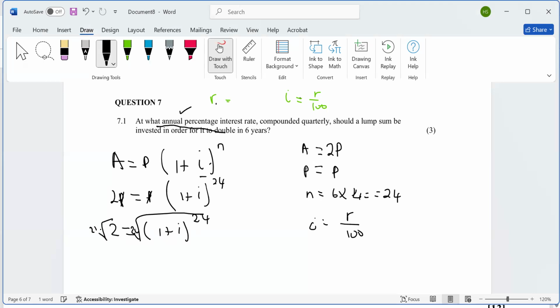Since we're talking about the interest, we don't have to worry about the plus and the minus. We get the 24th root of 2, which is 1 plus I. Take the 1 to the other side. I is equal to the 24th root of 2 minus 1.